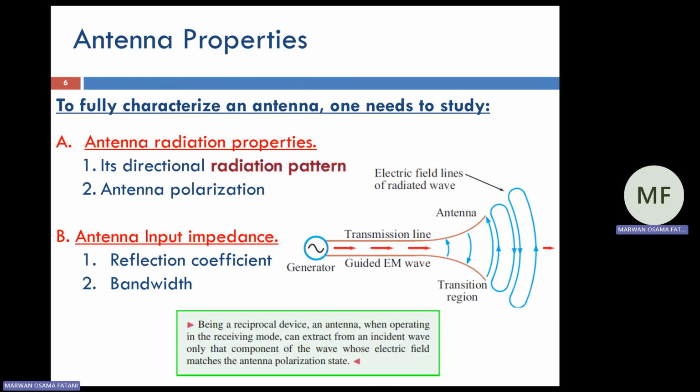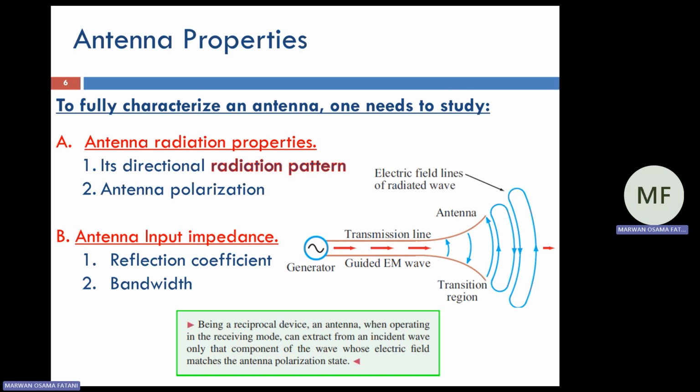Now, to talk about antennas, there are a couple of properties that define how good an antenna is. The first thing we're going to talk about is the radiation pattern. The radiation pattern means the way the antenna spreads out a signal. It's like a spray bottle and how it sprays the water.